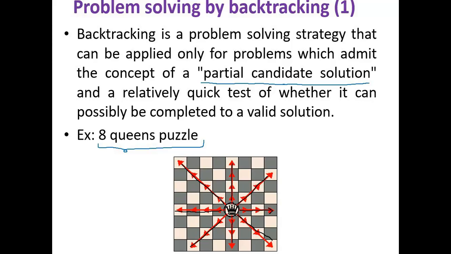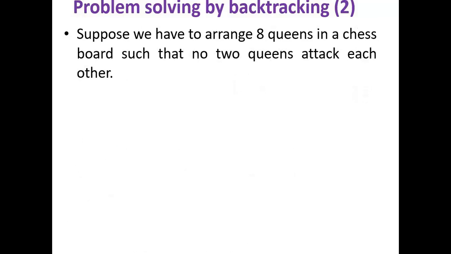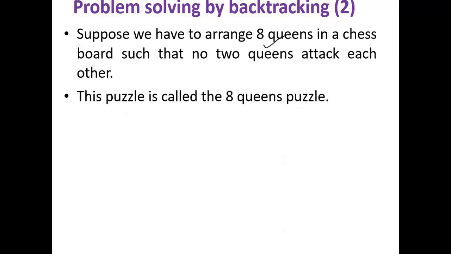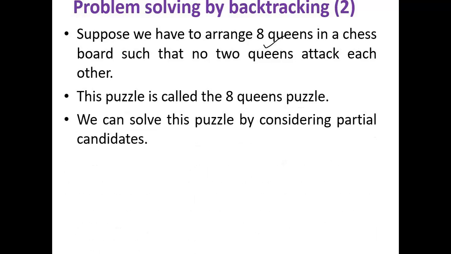You should remember this. Then it will be helpful for understanding this particular problem. We have to arrange 8 queens on the chessboard such that no 2 queens attack each other. This is the puzzle. We can solve this puzzle considering the backtracking approach or partial candidates.